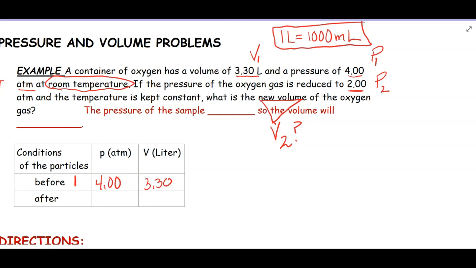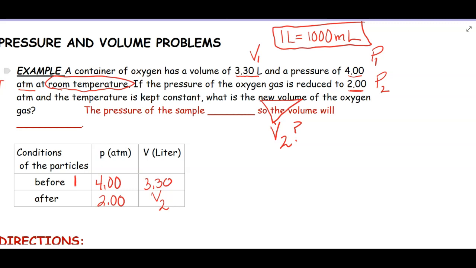If the pressure of the oxygen gas is reduced to 2, so afterwards the pressure is only half of what it was, what should happen to the volume? So V2 is what we don't know. That's our unknown. One thing to look at is the pressure of the sample was reduced.